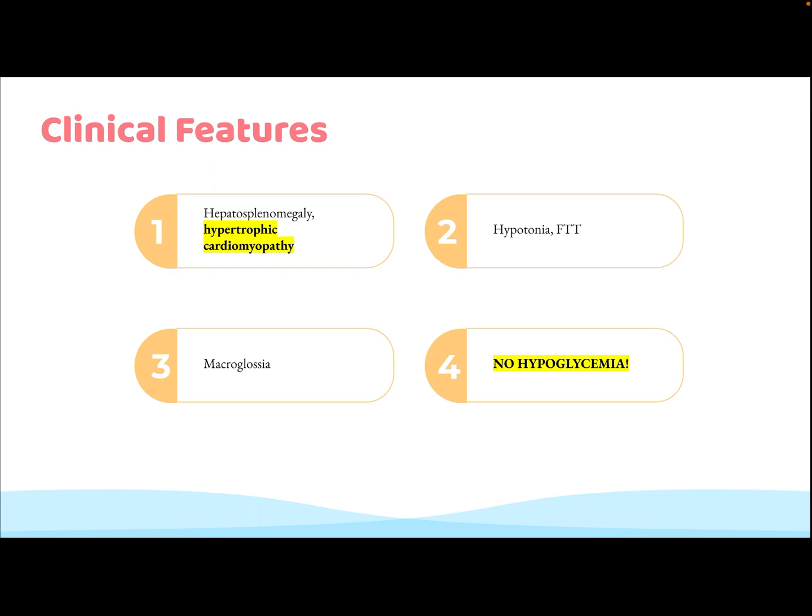This is really important. هذه feature مميزة للPompe disease, heart involvement. Hypotonia, failure to thrive, macroglossia. الماكروغلوسيا هذه غالبا a feature of any storage disease. فهي ما هي distinctive feature للPompe disease وحسب، بل أيضا لكل storage disease تقريبا.